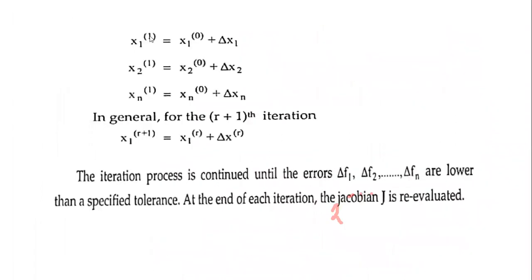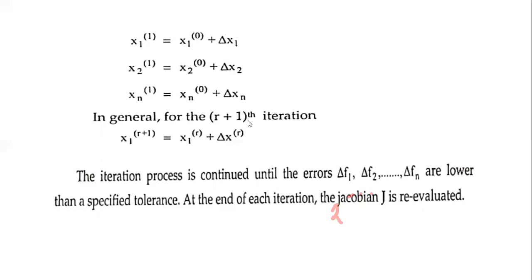Next, x1 of 1 is equal to x1 of 0 plus delta x1, x2 of 1 is equal to x2 of 0 plus delta x2, and xn of 1 equal to xn of 0 plus delta xn. That's why, for the first iteration, x1 of 1 is equal to x1 of 0 plus delta x1, x2 of 1 equal to x2 of 0 plus delta x2, and xn of 1 equal to xn of 0 plus delta xn.